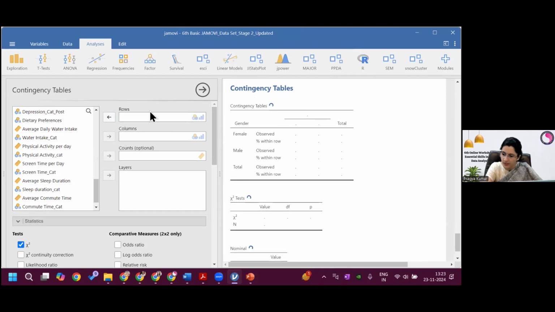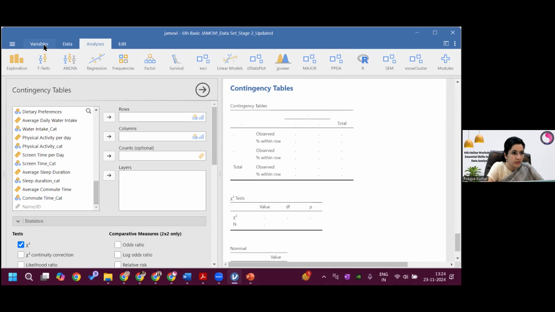The question is, is there any significant difference in the proportion of dietary preferences, veg versus non-veg, between males and females? So I'll put gender here in the rows. Screen time, hypertension. Let's say hypertension. Okay, hypertension is also having.